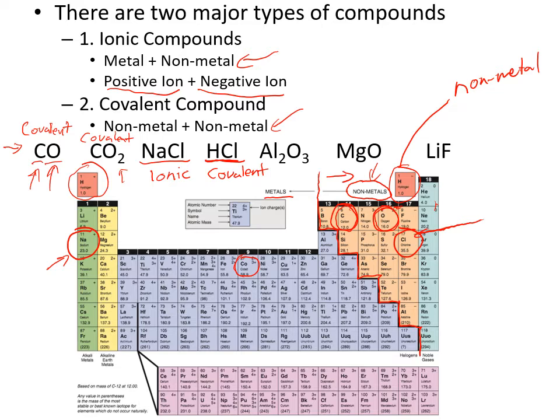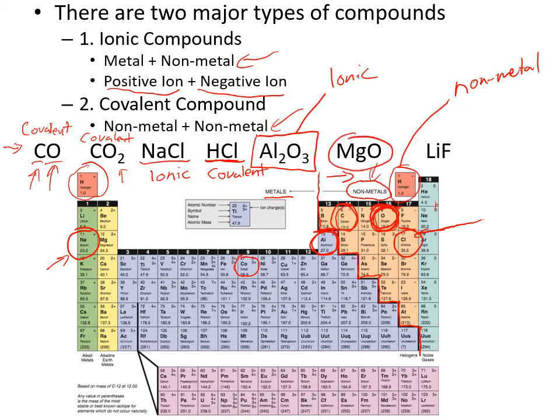Now, aluminum and oxygen, which is this one right here. Aluminum is right here. Oxygen, we already circled it before. Aluminum is just barely on the metal side, but it's still a metal, and so therefore this is ionic.